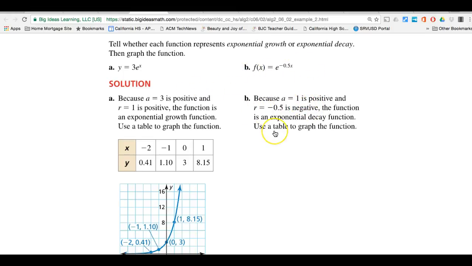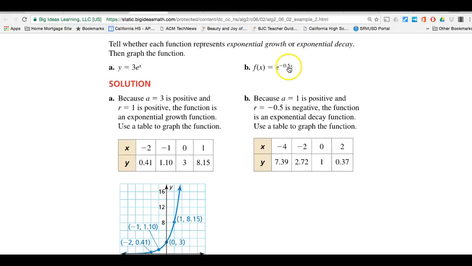Now again, to graph these, we're just going to take some values and plug them into a table. Our normal values that we pick. Because of this, we want to get a little bit further out. Otherwise, if we stay too close to 0, we're not going to get enough to tell us what the graph looks like. So we're going to go out by 2's, go to -4, -2, 0, and 2.